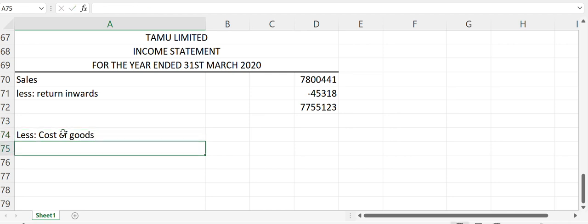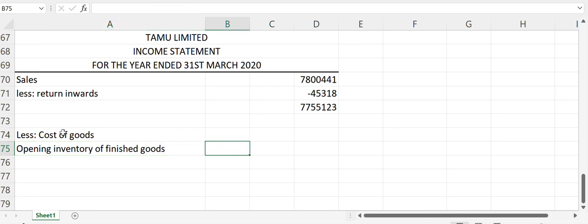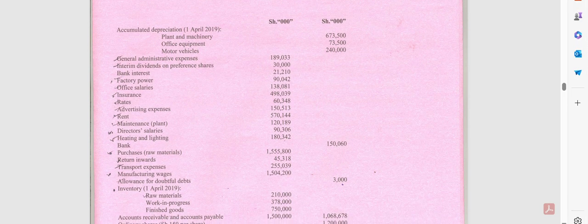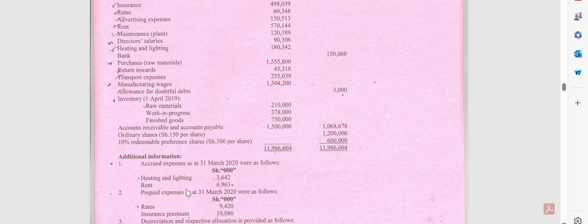So remember now in the income statement, we are going to use opening inventory. I want you to be careful here of finished goods because you're already done with raw material in the manufacturing account. So opening inventory of finished goods is there in the trial balance.